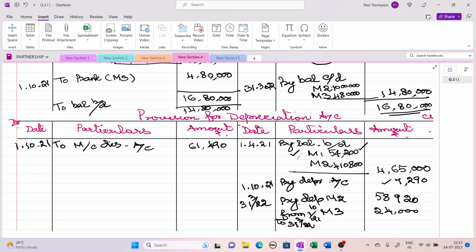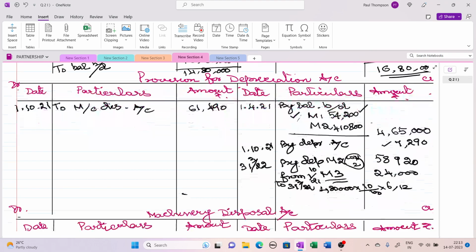So here you can write work note 2. For this machine you can give the calculation here: 4,80,000 into 10 by 100 into 6 by 12. You can just show it inside the column properly.